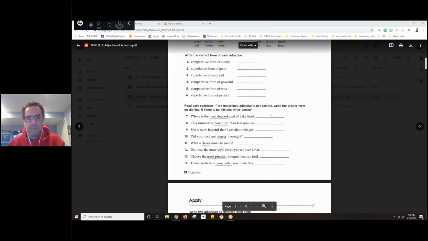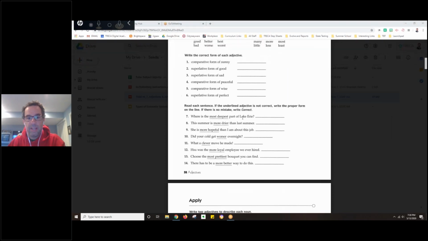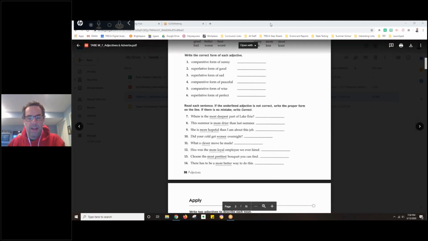So 7 is, where is the most deepest part of Lake Erie? For me, I'm just looking at this, and there is no need for, here, let's do red, there is no need for the word most in this one.